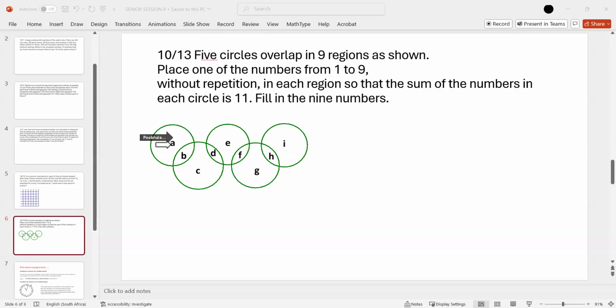There are 9 regions. This is a region. So you got 3 plus 4 plus 7 plus 9. Place one of the numbers from 1 to 9 without repetition in each region, so that the sum of the numbers in each circle is 11.